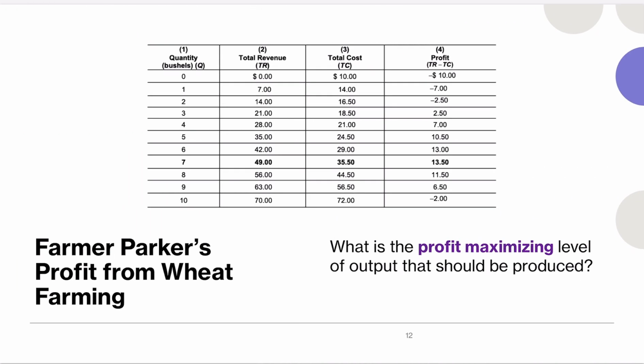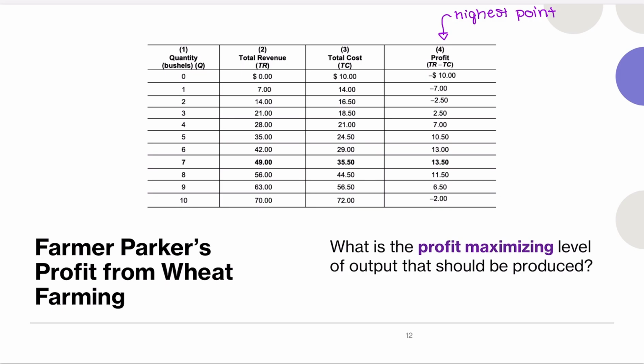So if we wanted to maximize profit, and we were to look at a table that gives us quantity, total revenue, total cost, and then profit, and again, profit is just total revenue minus total cost, then we would be looking for when profit is at its highest point, or when the difference between total revenue and total cost is the greatest.